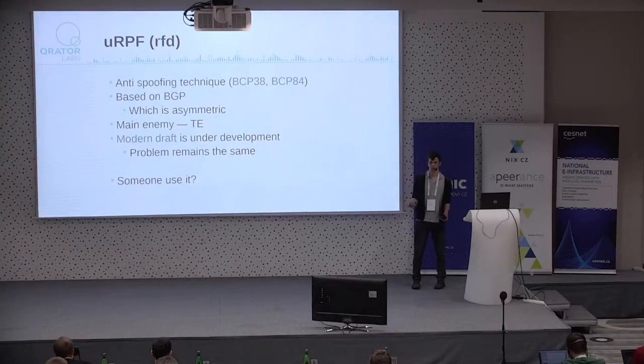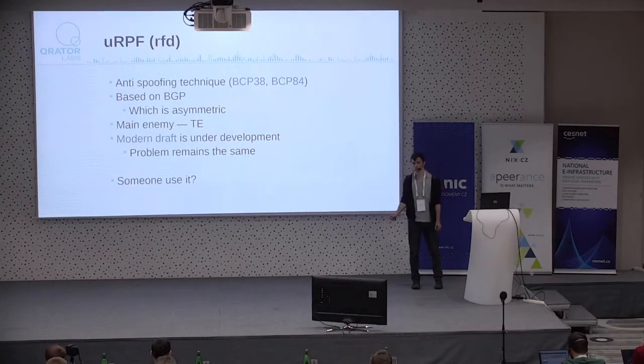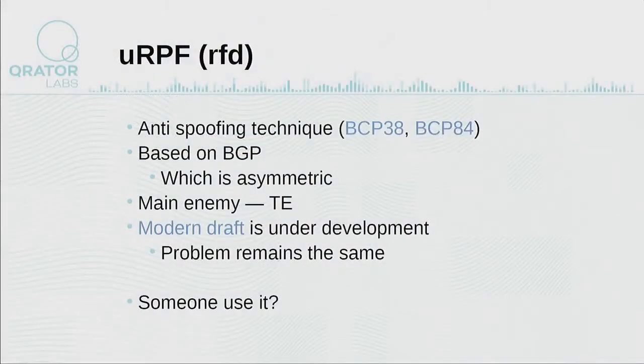What does it mean? It means that if you have two points, A and B, then the best route from A to B can be completely different from the best route from B to A. So the traffic will traverse different paths between these two points. And BGP is most asymmetric when an ISP decides to use traffic engineering for load balancing, for providing backup providers, and so on.